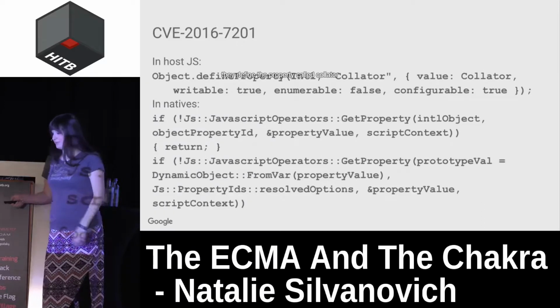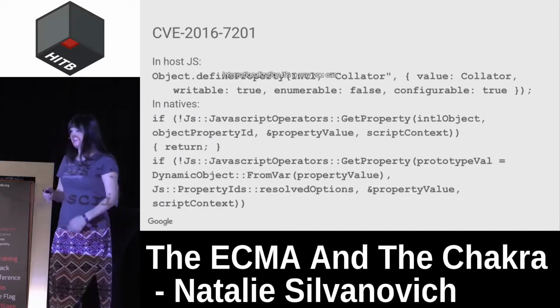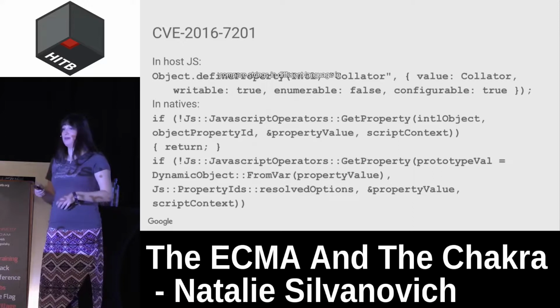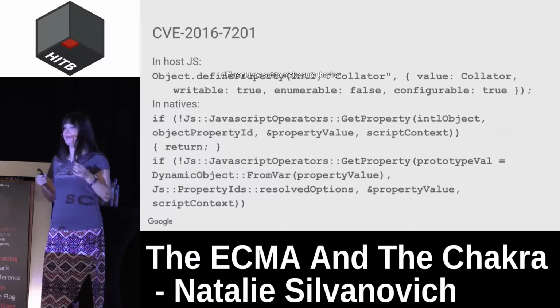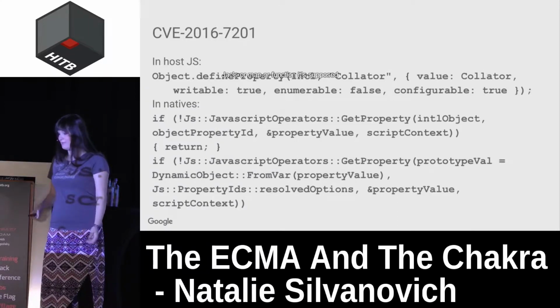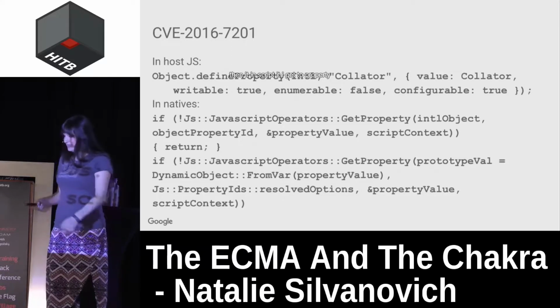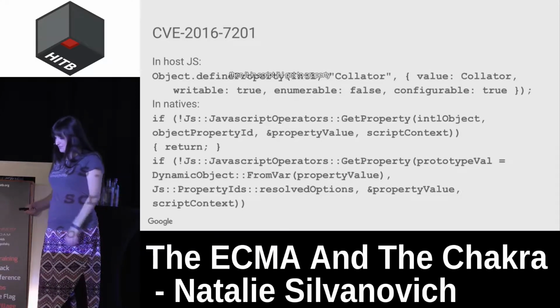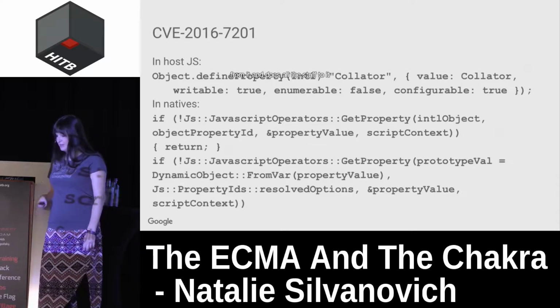If you've ever used internationalization, it's a way you can compare strings in different languages and different typesets and make sure they're compared correctly. So this is like regex, or map, or function. It's supposed to be something that is defined by the script engine unless you change it. And then in script, it gets a property from it and does all this stuff to it without type checking.